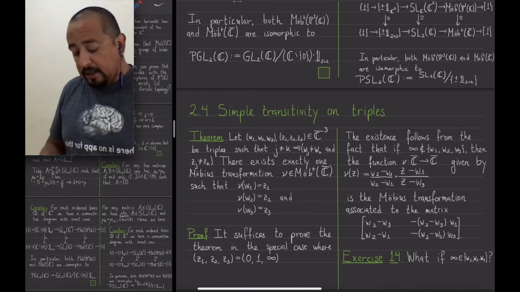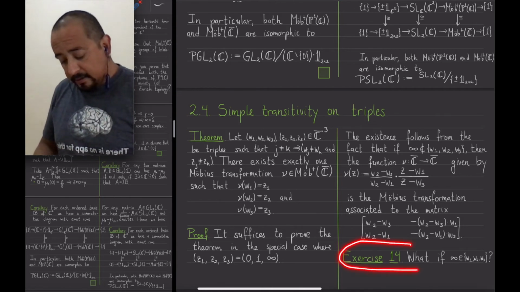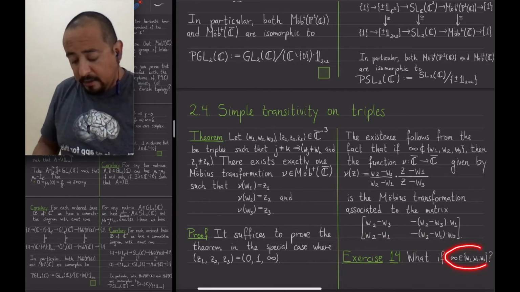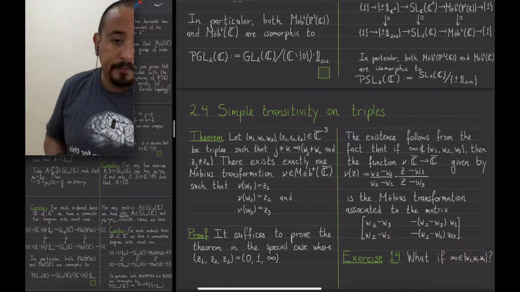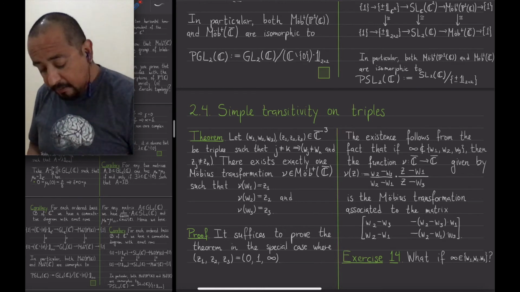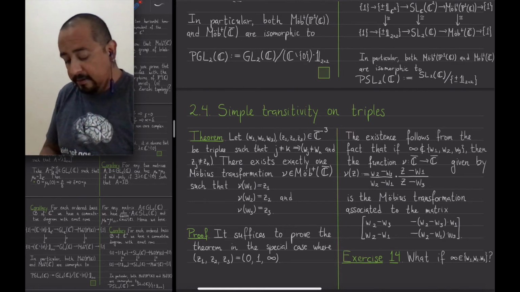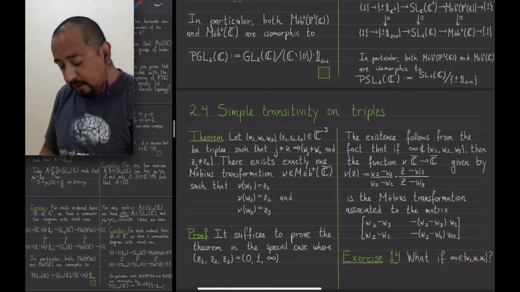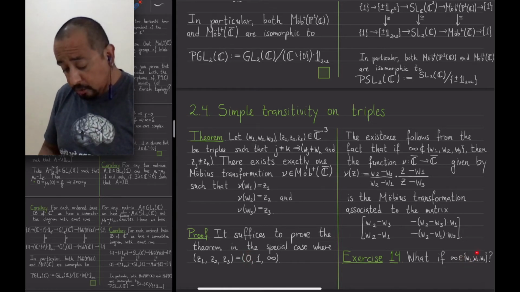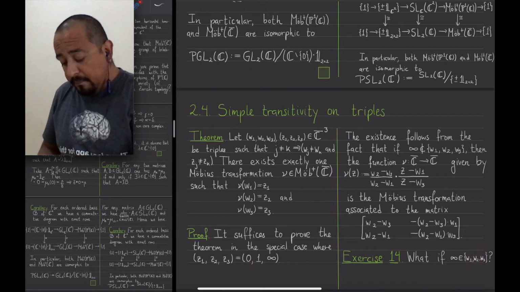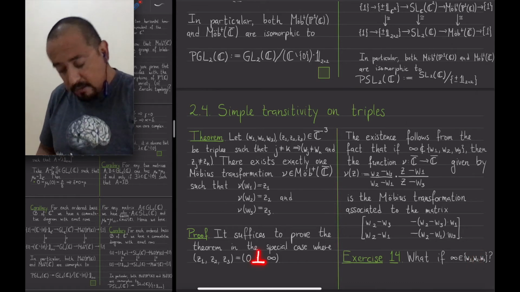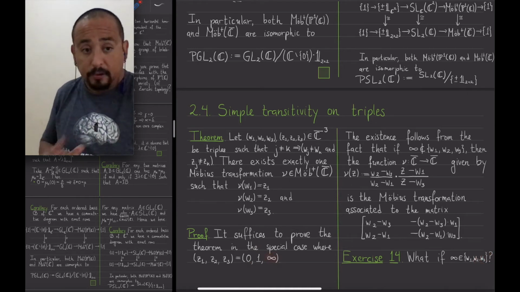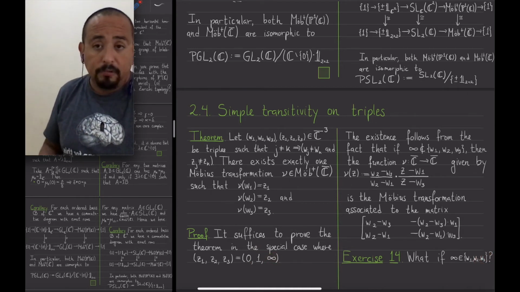The next exercise that I leave you is what happens if infinity is one of the three. And here, I'm sorry, but you are going to have to consider 3 cases, because W1 equal to infinity tells you infinity has to go to 0, W2 equal to infinity tells you infinity has to go to 1, and W3 equal to infinity tells you infinity has to be a fixed point. So there's no way around it.